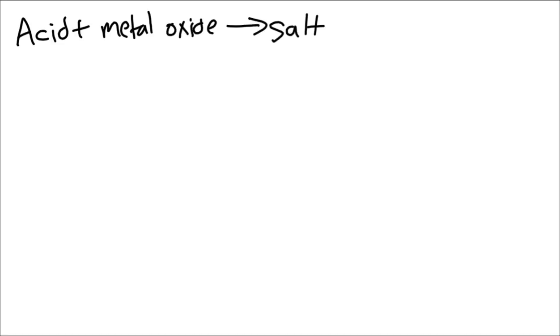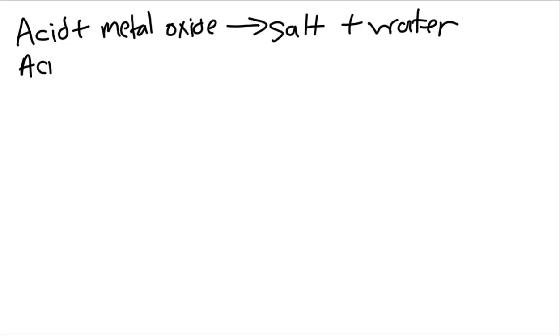Now of course, neutralisation doesn't just happen in the stomach, it happens all around us under different situations. But there are 3 general equations that you need to know for acid neutralisation. Our first one is that an acid plus a metal oxide is going to produce a salt plus water.